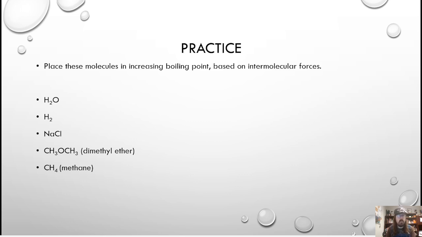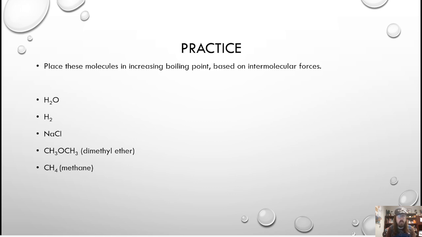The highest one would probably be sodium chloride, because sodium chloride is a metal mixed with a non-metal, which is going to have straight up ionic bonding. What is this at room temperature? This is a solid. Solid at room temperature, if it has a high melting point, it probably has a high boiling point. But ionic bonds are even stronger than ion-dipole.